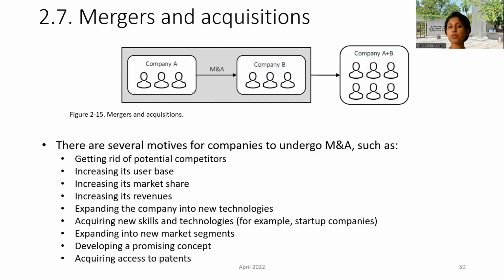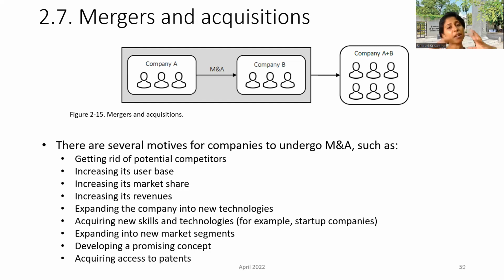Startup companies usually engage in these kinds of practices because they need access to better technology and resources. Due to their inexperienced nature, sometimes they may enter into mergers or acquisition agreements with other, perhaps more experienced organizations in the same industry. Perhaps this can be done with the intention of expanding into new market segments, and developing a promising concept.